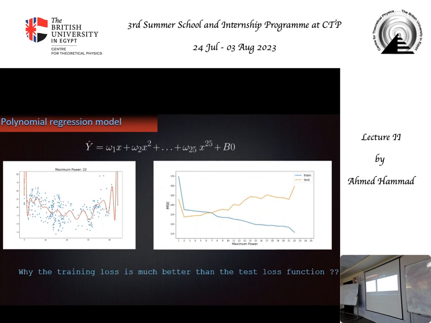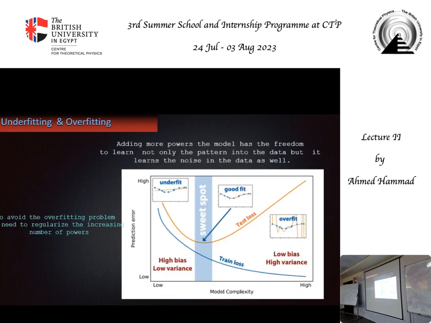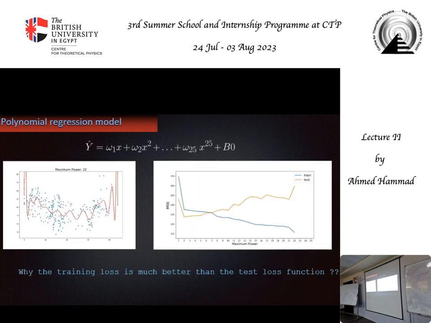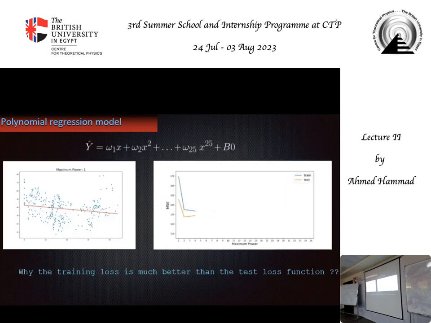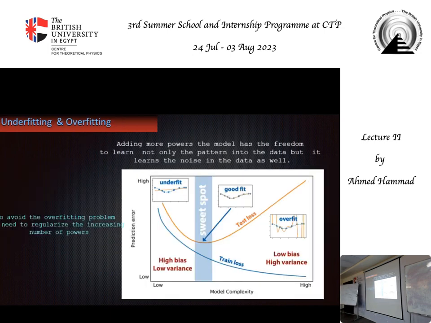So we have here a high bias. What do I mean by high bias? Look again. It naively describes the data, right? It's like a straight line or a convex shape, something like that. This is what I mean by high bias.